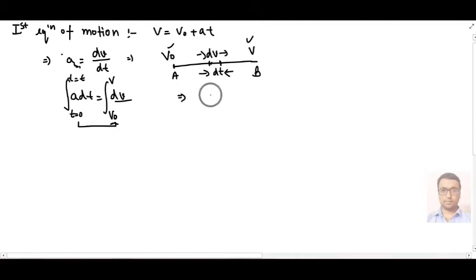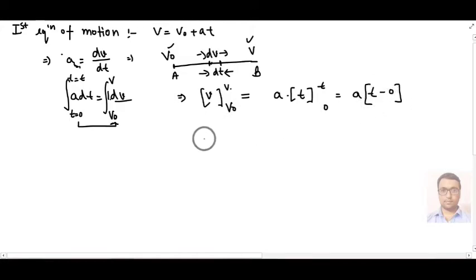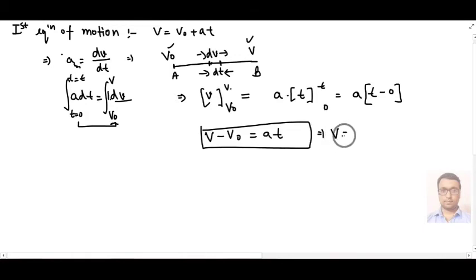So from here you can write the integration of 1, that is v, and you will put the limits also, v0 to v, equal to a is constant, and the integration of 1 will be t and the limits will be 0 to t. That is a t minus 0. So v minus v0 equal to at. This we can write from here, or it will become v equal to v0 plus at.